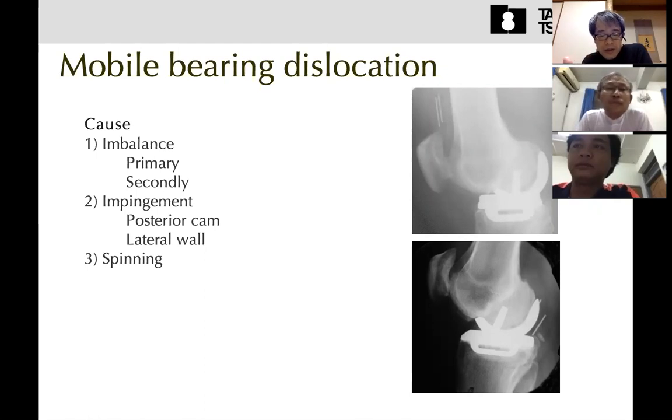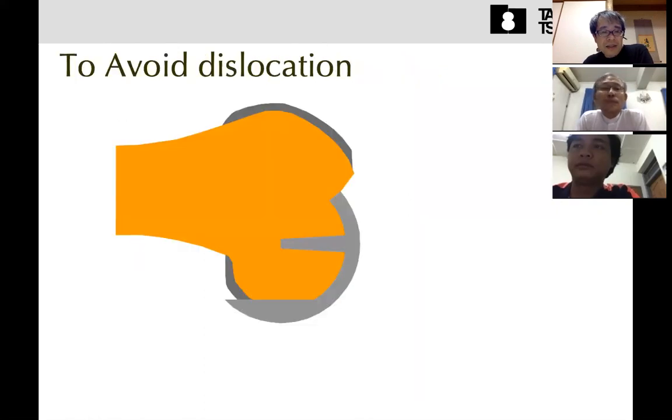So if the bearing rotates 90 degrees, it can dislocate easily.